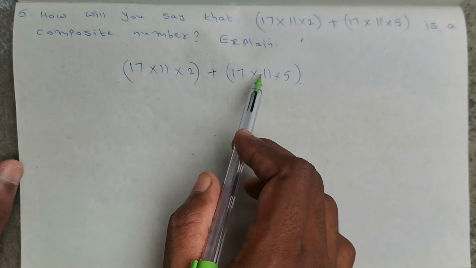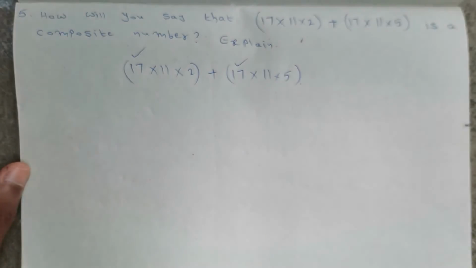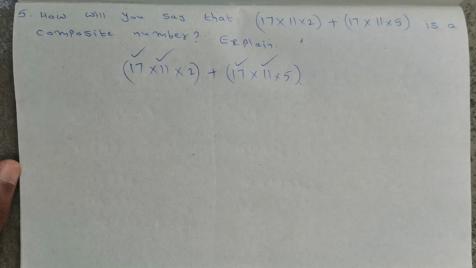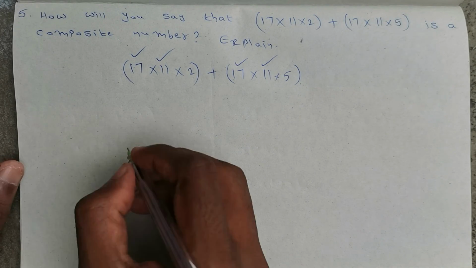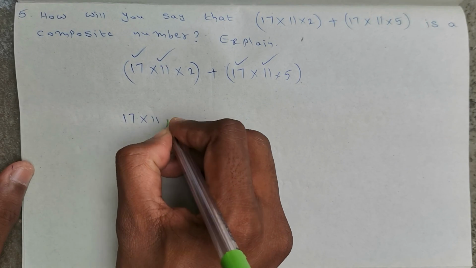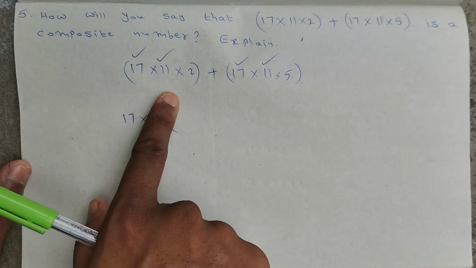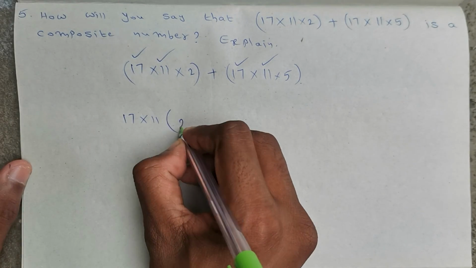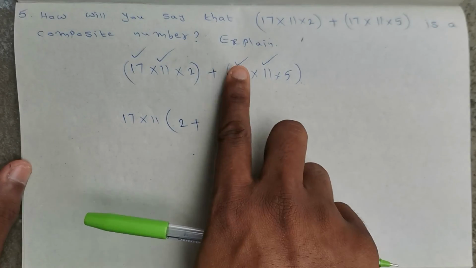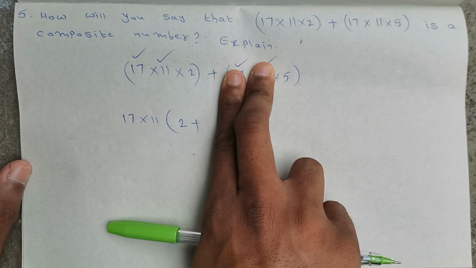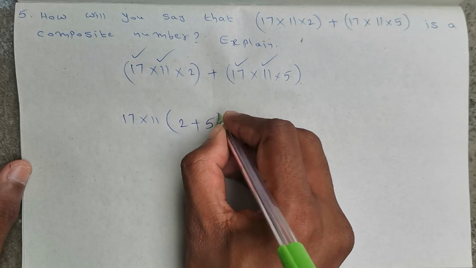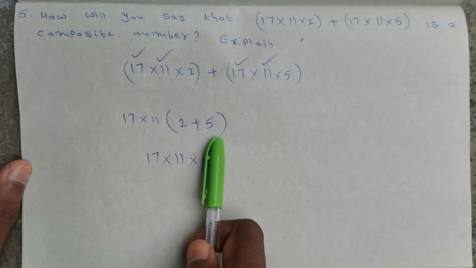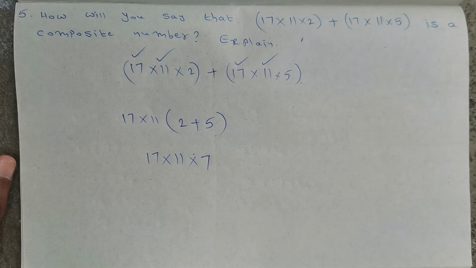If we observe in the two terms, number 7 is common as well as number 11 also common. So 7 into 11 I will take common. From the first term I took 7 into 11 common, so remains with 2, plus from the second term 7 into 11 I took common, so remains with 5. So this can be written as 7 into 11 into 2 plus 5, 7.